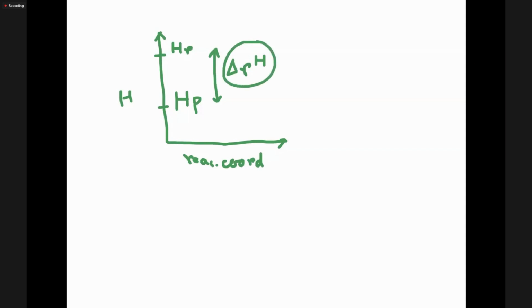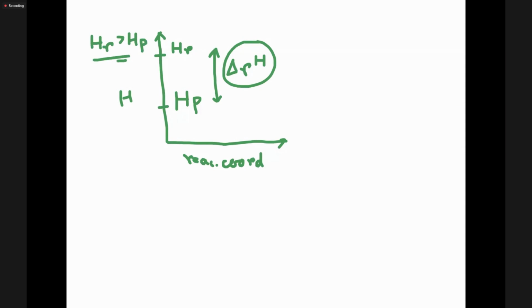That's why it is negative. So we have the reaction coordinate and the enthalpy, and HR is greater than HP. So delta R H is less than 0. So this is the enthalpy change for an exothermic reaction.